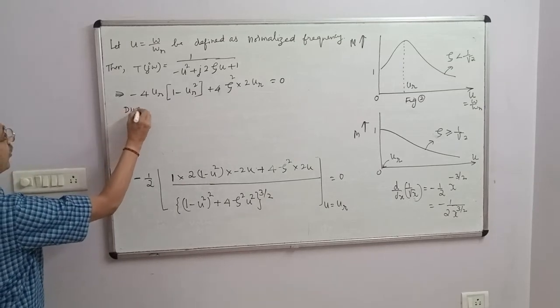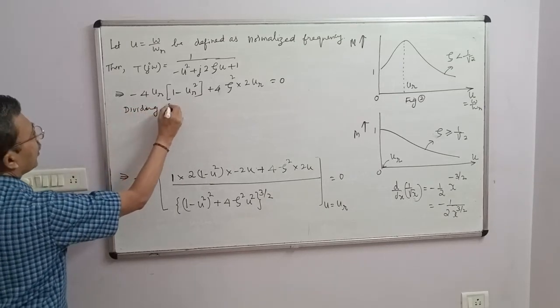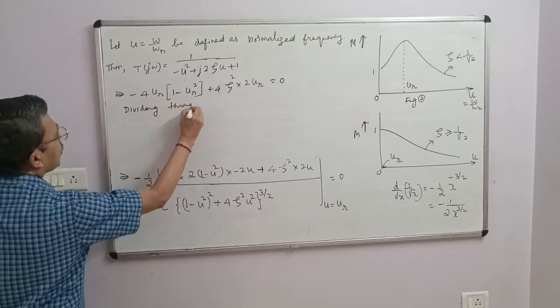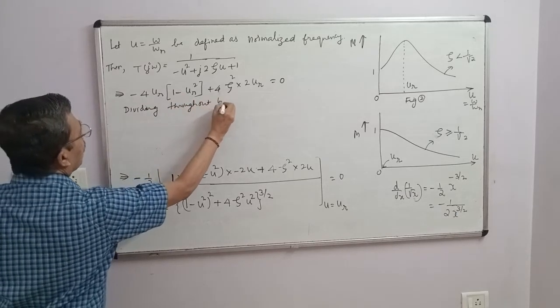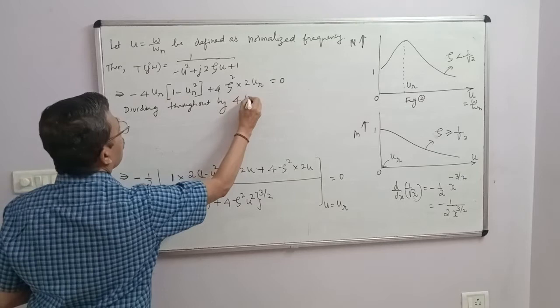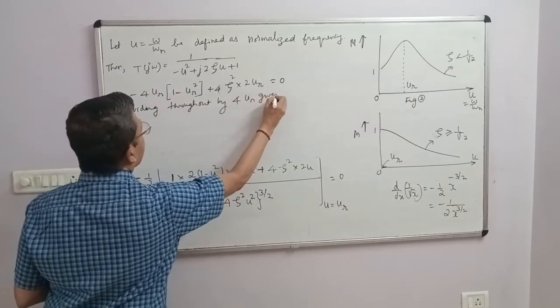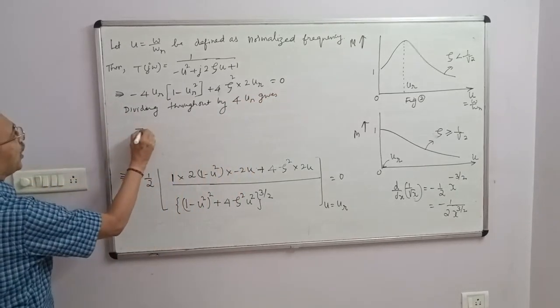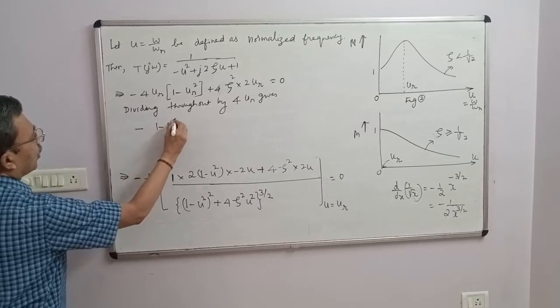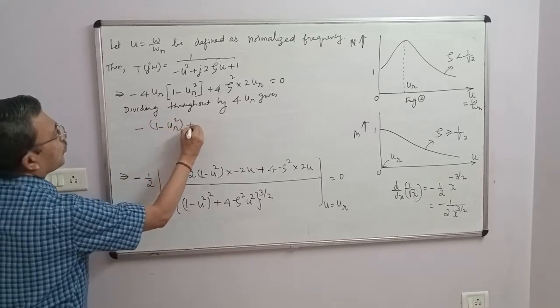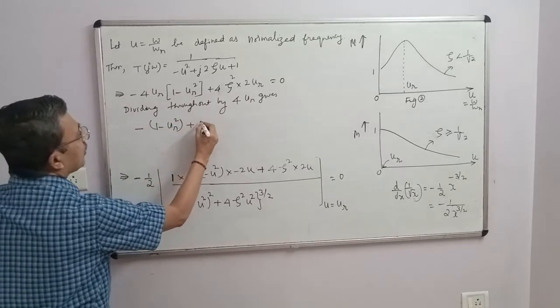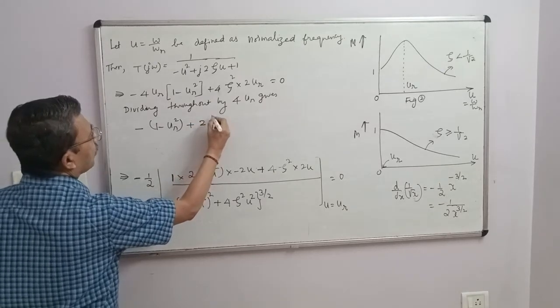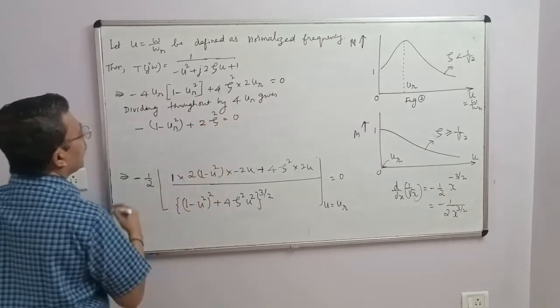Dividing throughout by 4 times UR gives minus 1 minus UR square plus 2 times zeta square equal to 0.